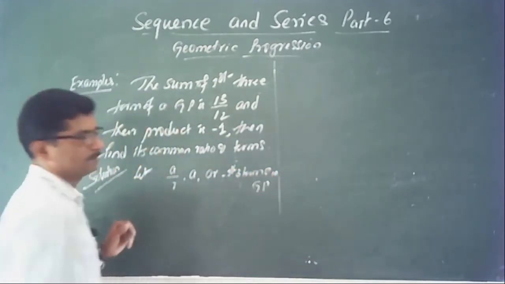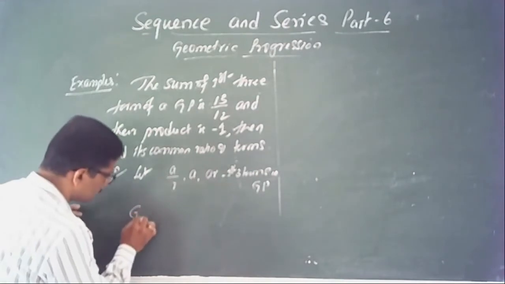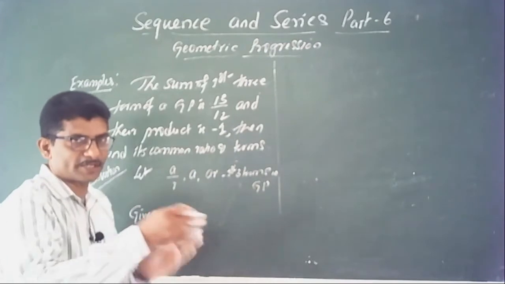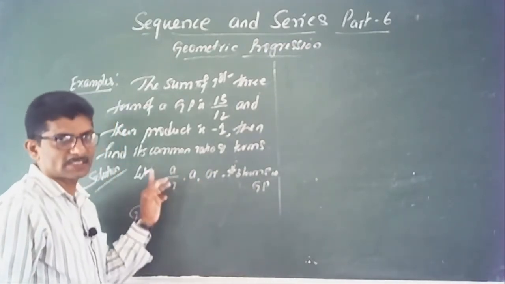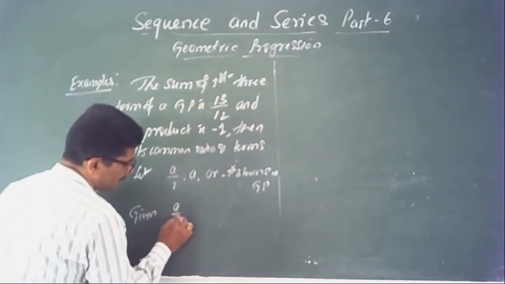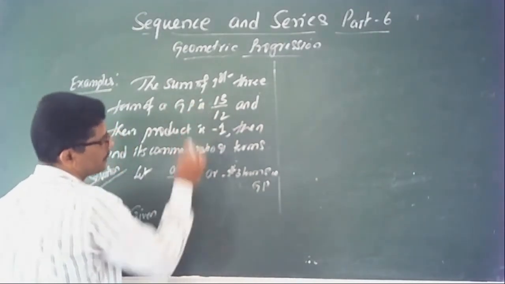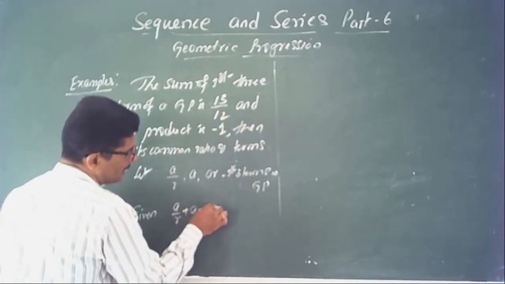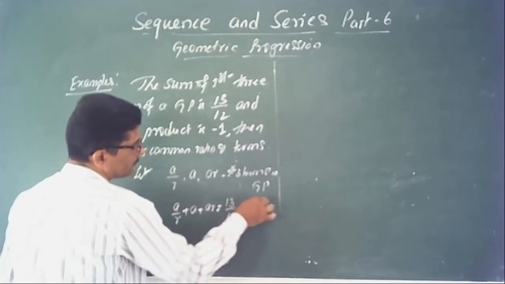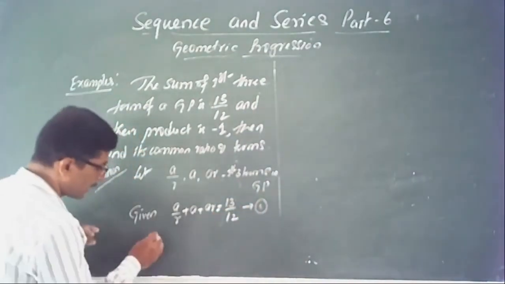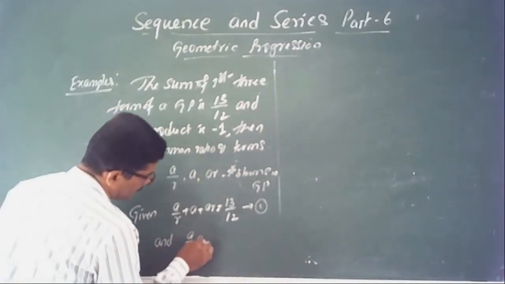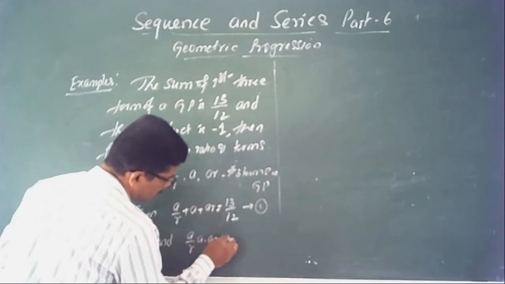Here, finding a and r, you get these 3 terms. r is the common ratio, a by r is the first term. Given that the sum of the first 3 terms, a by r plus a plus ar is equal to 13 divided by 12. This one is the first result. And the product means a by r into a into ar is equal to minus 1.